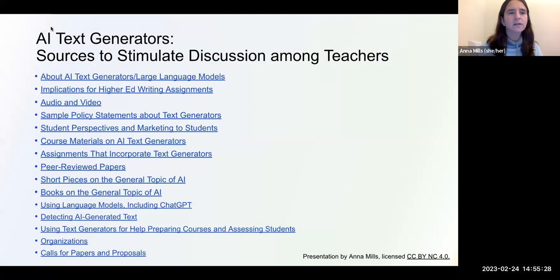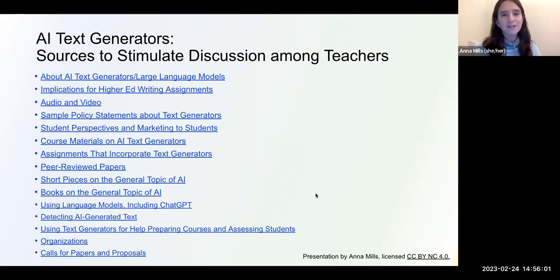The resource list includes this table of contents. So, if you're looking for a podcast or a video, there's a section for that. If you're looking for sample policy statements, there's a section on that. There's one on student perspectives, peer-reviewed papers, the extent to which we have research on this, books on AI, tips on using language models, a whole section on detection with links to the detectors and articles about them.